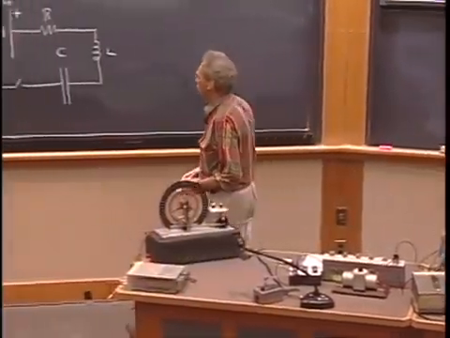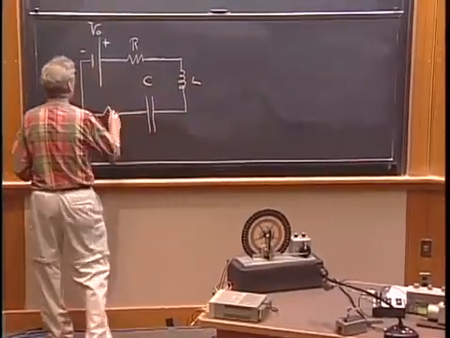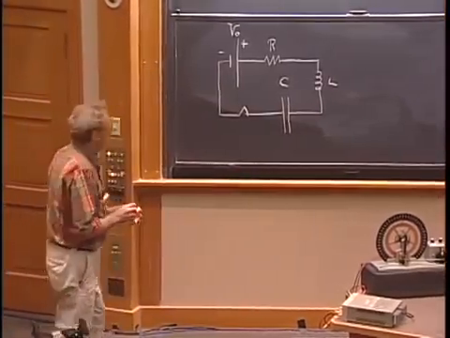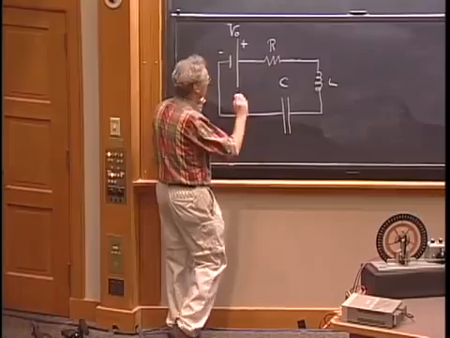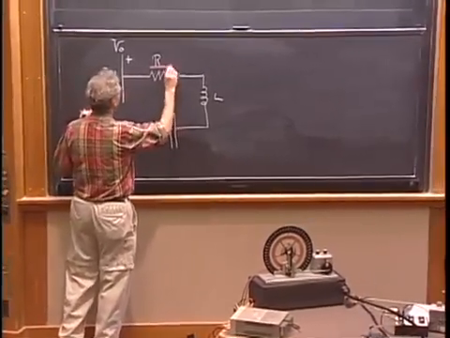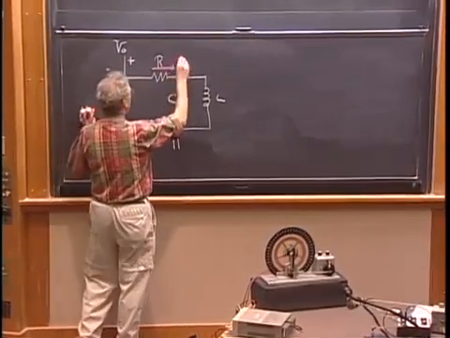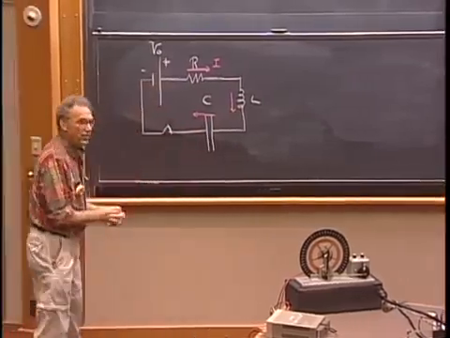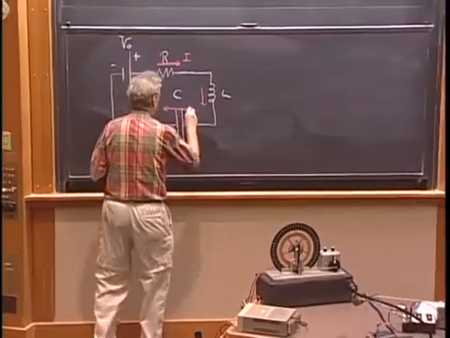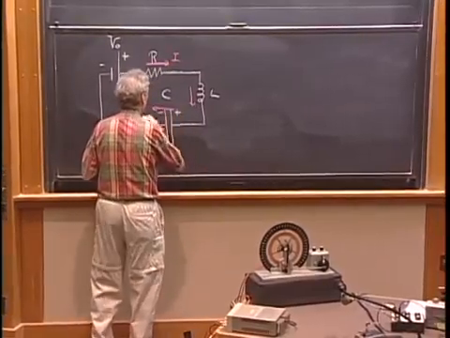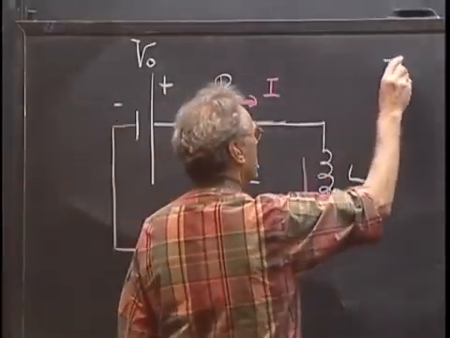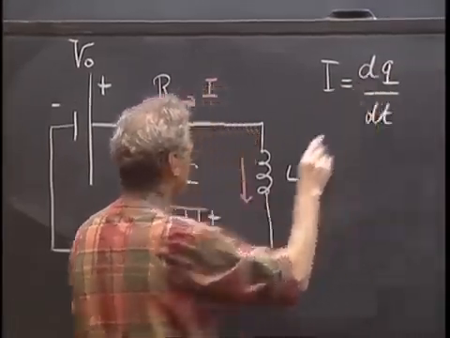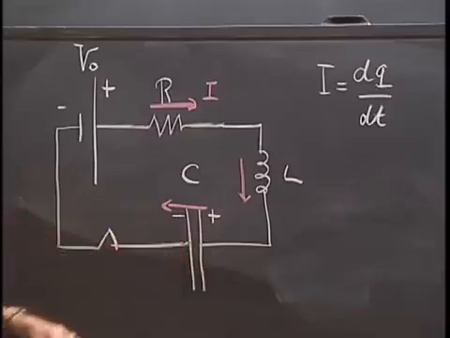The way that I solve these problems is a strict discipline. I assume that when I start it, there is a current going in this direction, I. That current will make this side of the capacitor more positive than that side. So I equals dQ/dt, Q being the charge on this side of the capacitor.